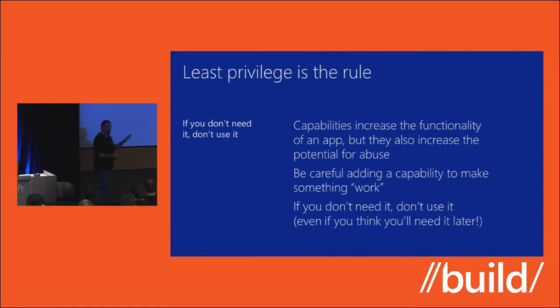You can update that later. When you have functionality for that, go ahead and backfill it. But if you ship it out the door with that functionality inside, anybody who abuses your app is potentially going to cause problems. Additionally, it increases customer scrutiny. They look at an app that says it uses the webcam, or the music library, and you don't use it, they're going to be left scratching their head. What? It said it used the webcam. I don't see how it uses the webcam. And it kind of erodes that confidence in your app.